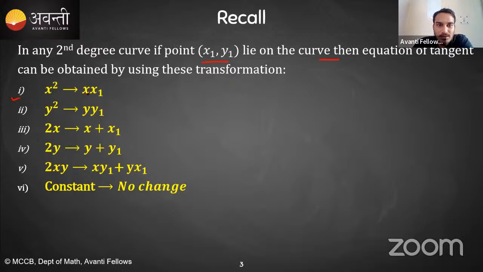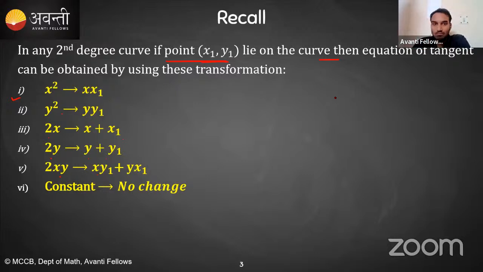Replace x square with xx1, replace y square with yy1, replace 2x with x plus x1, 2y with y plus y1, and 2xy with xy1 plus yx1, and the constant will not change, right? So everybody remember this. The point should lie on the second degree curve only.